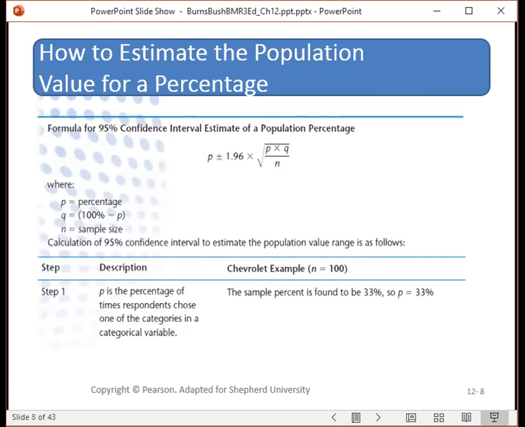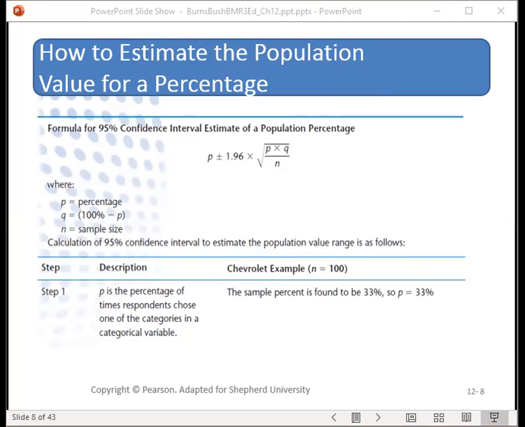N is sample size. The first step is the calculation of P, and of course, we do that with a simple operation in our spreadsheets on our data set. Let's say in this case, we found it to be 33%.